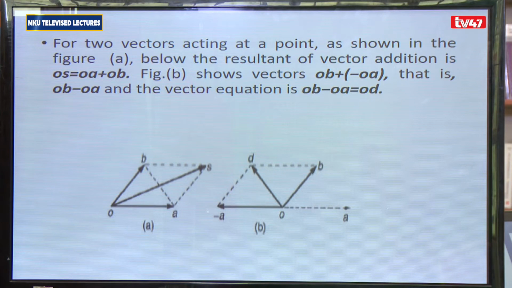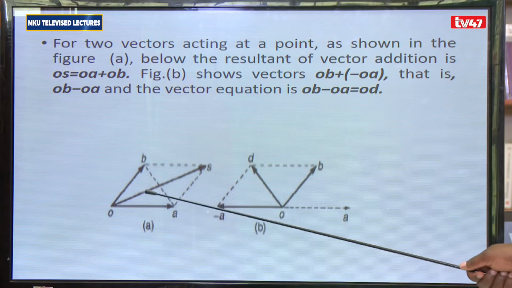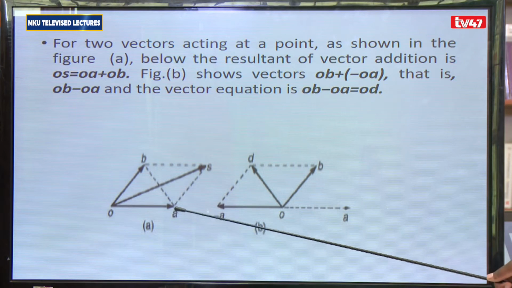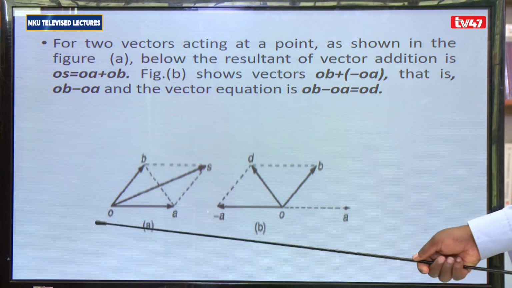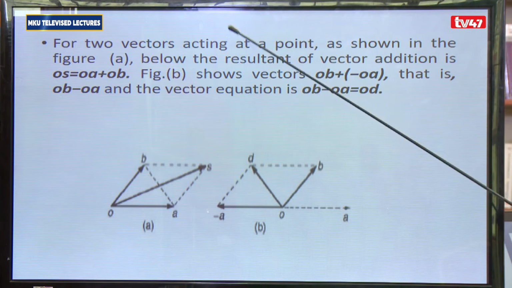Now, if you have two vectors acting at a point, shown by this vector diagram here, we have vector OA and vector OB, and you are supposed to get the difference between the two vectors, or simply OA minus OB.